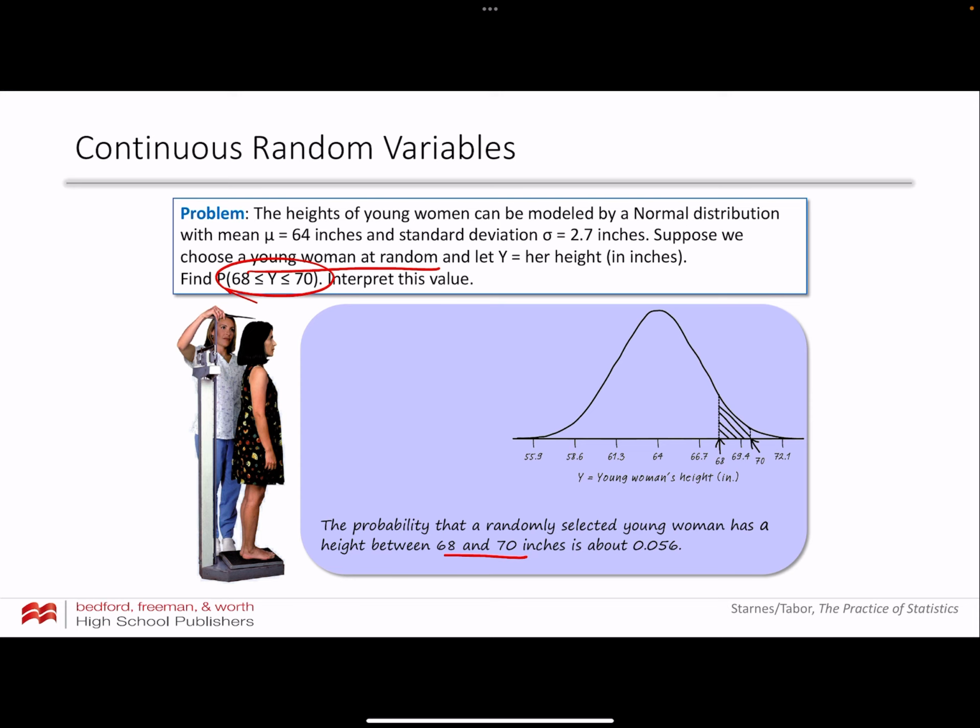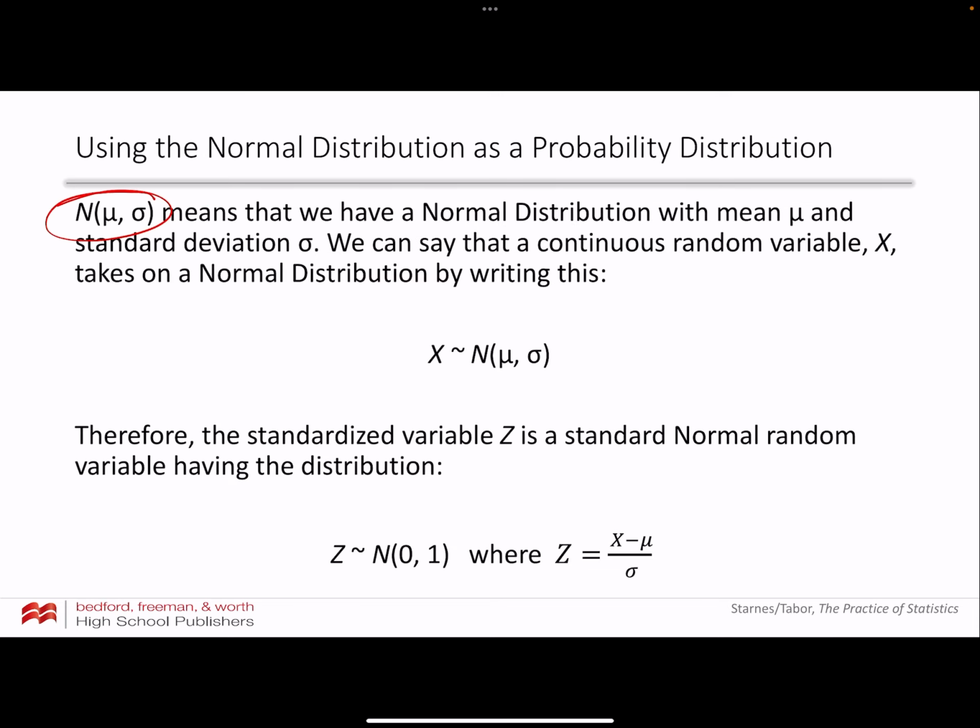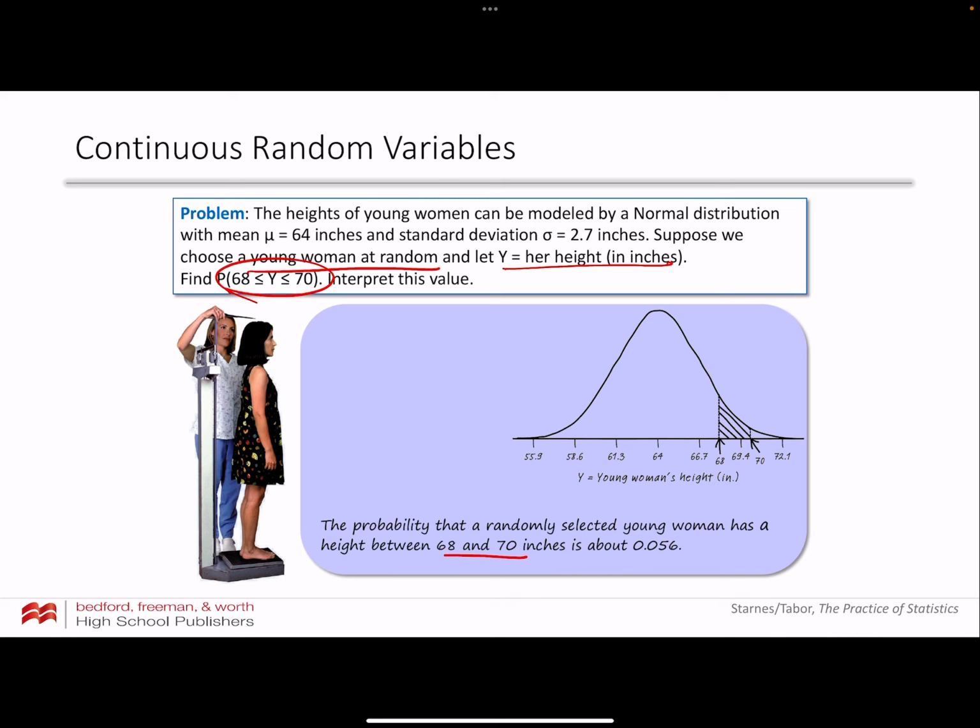So in this case, if I define y to be her height in inches, I could say that y follows a normal distribution with mean 64 and standard deviation 2.7. So that's the notation to represent this situation.